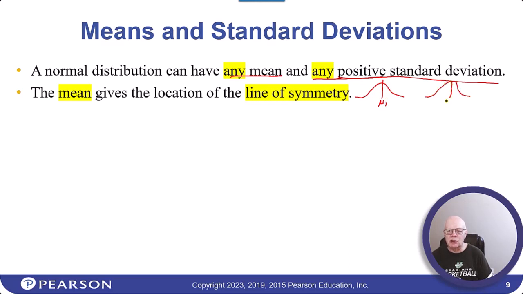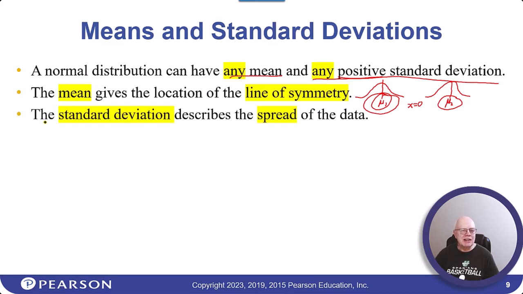This normal distribution, we'll call this distribution 2, has its mean right in the center, but notice they're left or right of each other. And this one over here could be in the negative range. If the x value here, for example, is 0, this normal distribution would have a negative mean, and the one on the right here would have a positive mean.